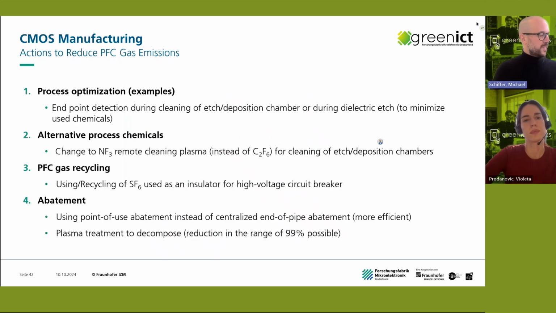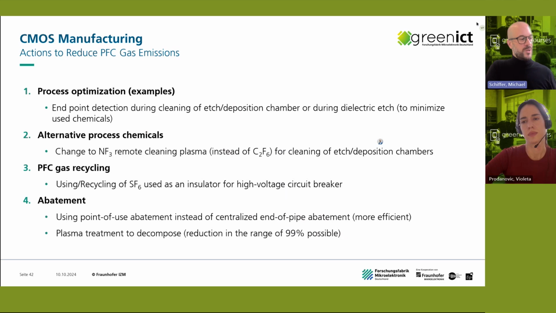So when we conclude for the PFC gases, we need process optimizations. That could be something like endpoint detection to reduce the gas usage during dielectric etch, probably. We have to look for alternative process chemicals, for instance, to change to NF3 remote plasma cleaning instead of the C2F6.